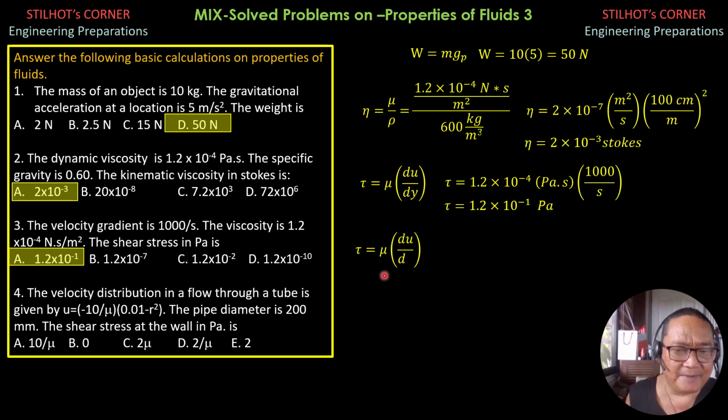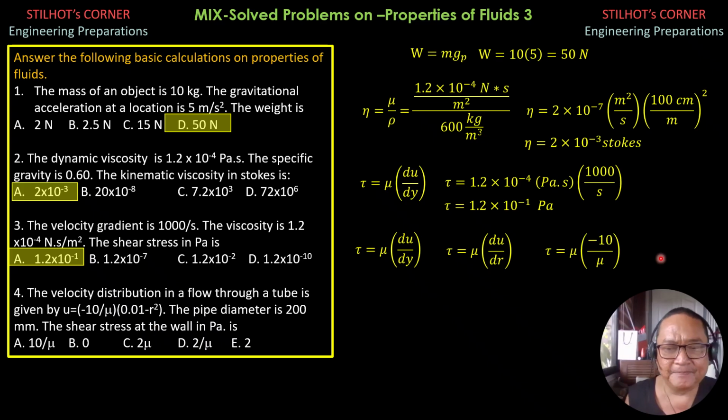So mu times du dy. So mu is constant, and derivative of negative 10 over mu, quantity 0.01 minus r squared, is negative 10 over mu times quantity negative 2r, right?